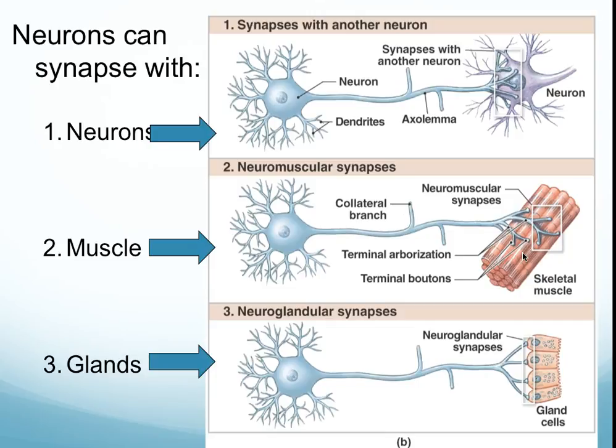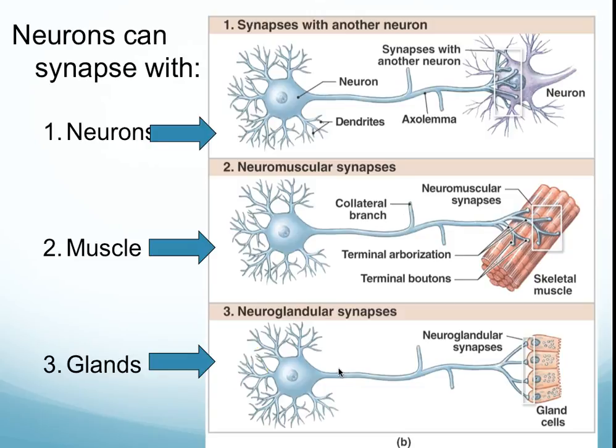In a similar fashion, we have a neuroglandular synapse, okay? Now, a gland is a particular type of tissue, it's made of glandular cells, that is responsible for releasing things, okay? For example, you have sweat glands, okay? Now, your sweat glands are made up of specific cells that manufacture, yes, wait for it, sweat, right?